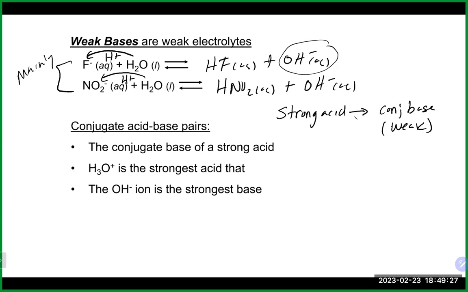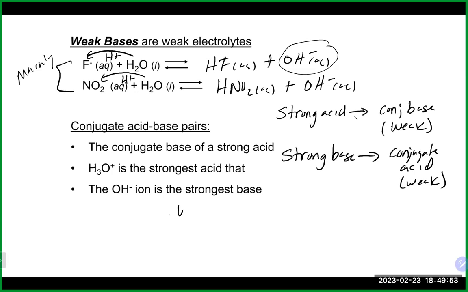It's just going to hang out. It's going to be kind of neutral. Not much is going to go on with it. If you have a strong base, its conjugate partner, the conjugate acid, will also be weak. Same sort of result there. It will pretty much just hang out. It's not going to continue to react.